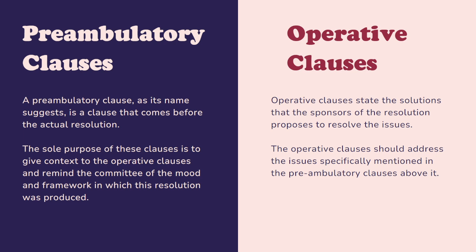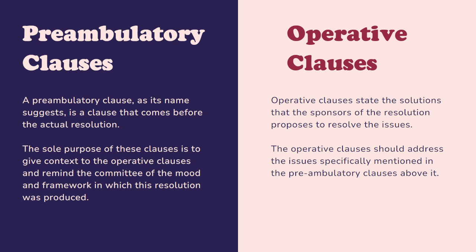As I have mentioned preambulatory and operative clauses, I'll just quickly read through so that you guys know. A preambulatory clause, also called a preamb, is a clause that comes before the actual resolution. In terms of the actual resolution, it means the operative clauses. The sole purpose of this clause is to give context to the operative clauses and remind the committee of the mood and framework in which this resolution was produced.